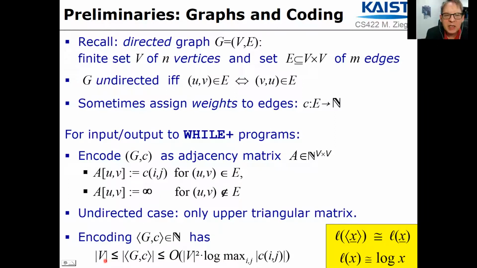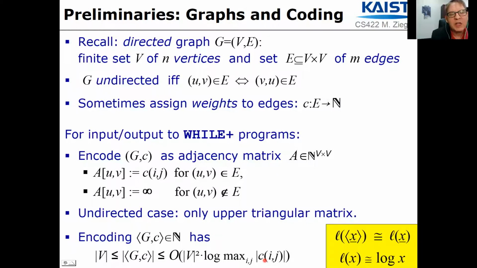This is at least the number of vertices of the graph, right? Of course, every vertex in the graph will need at least one bit to store in the adjacency matrix on the one end, but on the other hand, it's also at most polynomial in the number of vertices, namely specifically, it's at most quadratic in the number of vertices times a factor that measures the binary length of the largest edge weight.